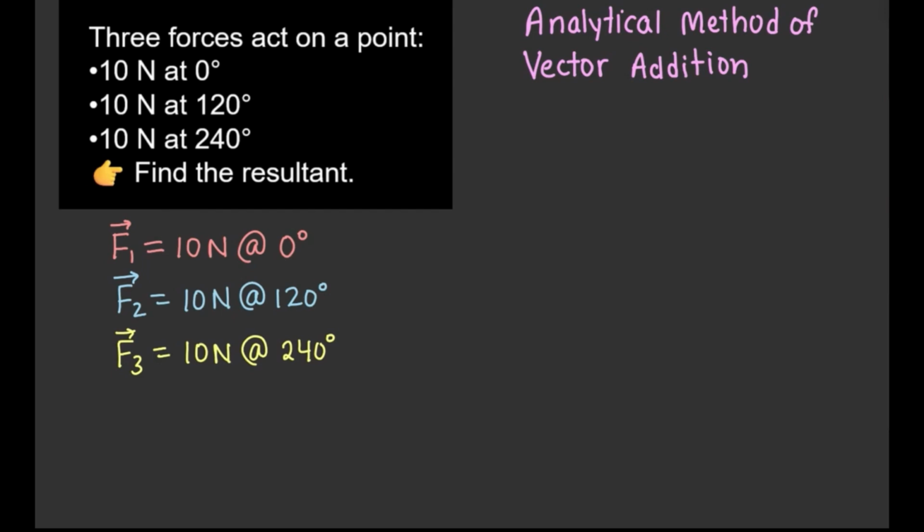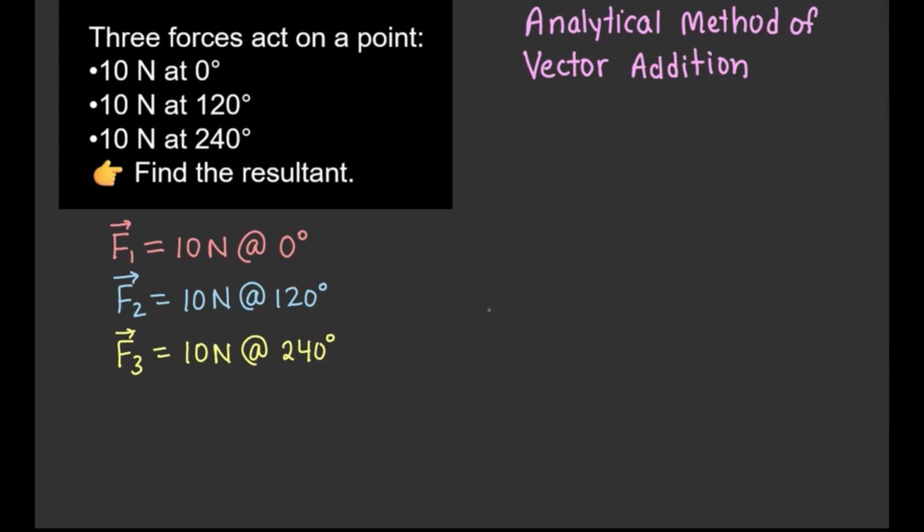We have all heard that a picture is worth 1,000 words. Pictures and diagrams, they're especially useful in physics. They help us understand concepts and visualize problems. So this problem, in which we are given three coplanar force vectors, let's go ahead and draw a diagram for this and we'll go from there.